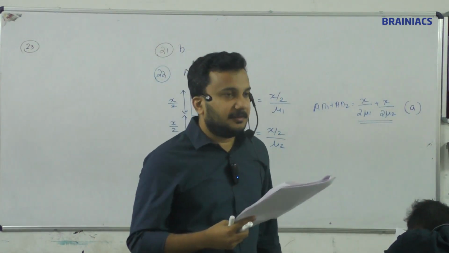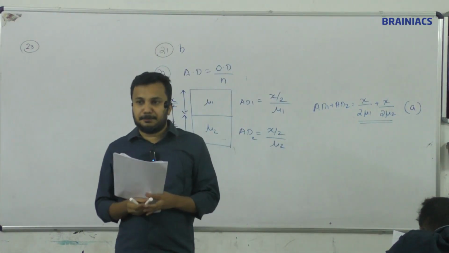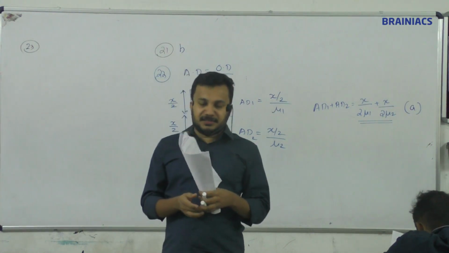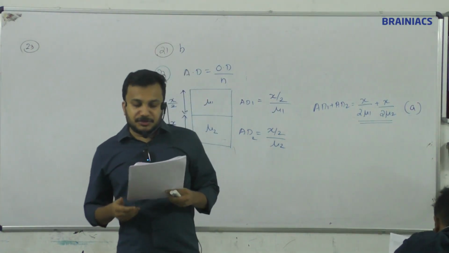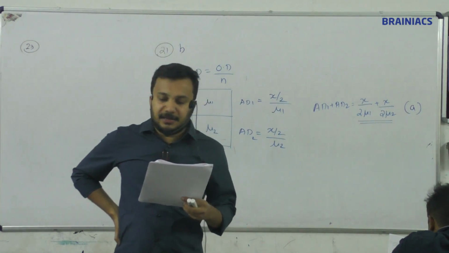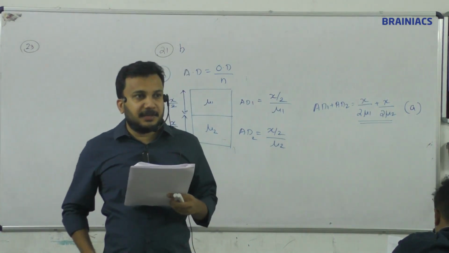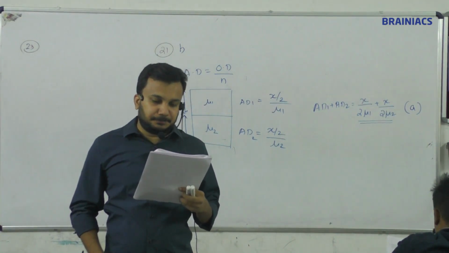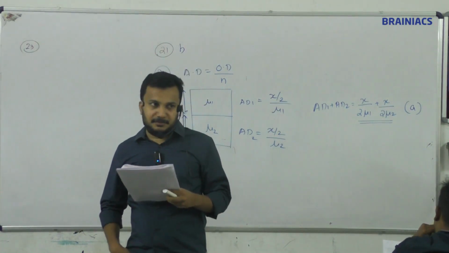The critical angle between them is asked. Velocities of the two media are given. In which medium will light have the highest speed? A medium or B medium? B medium, at 2.4 into 10 power 8 meter per second.